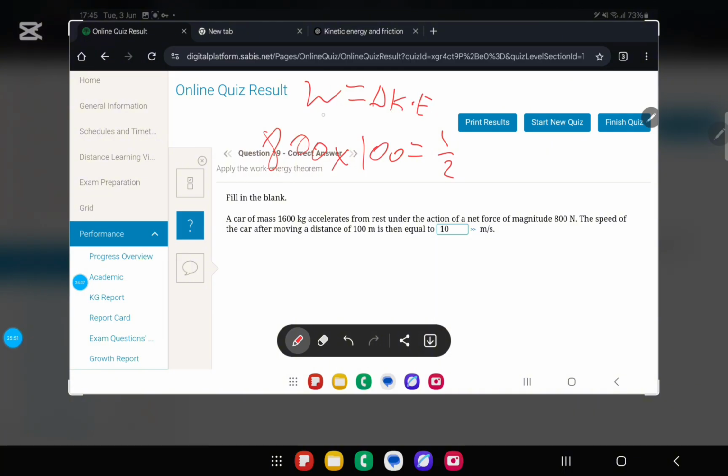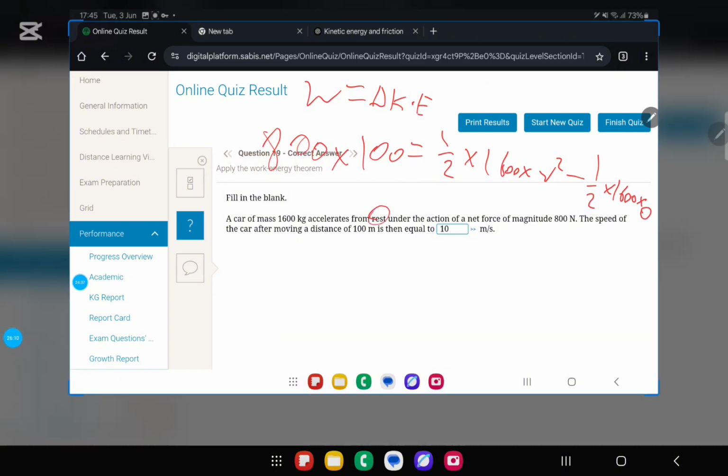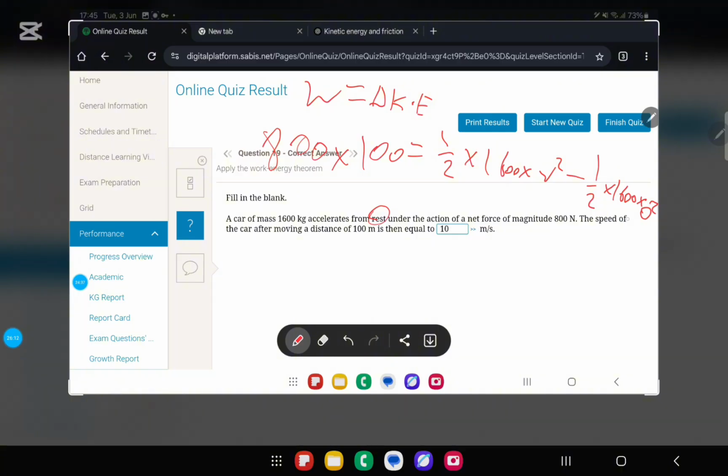So we put work, 800 times 100, equals half times mass 1600 times v squared, which is what we're trying to find, minus 1 over 2 times 1600 times the speed from rest. So we say 0 squared. Since it's 0 squared, it's 0, times 1600 is 0, and 0 times negative half is 0.